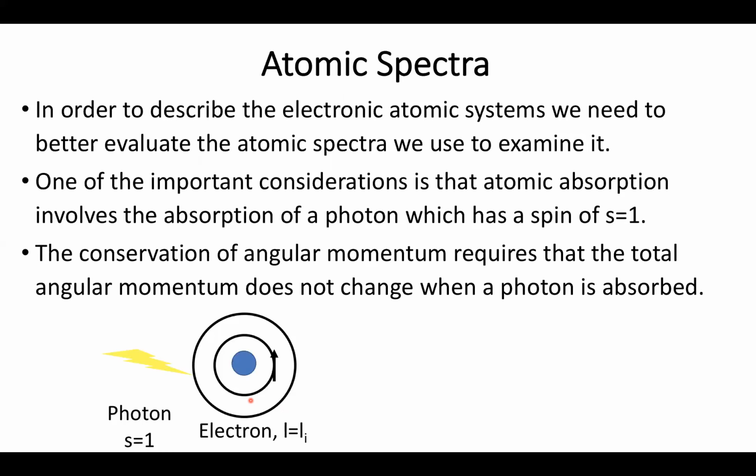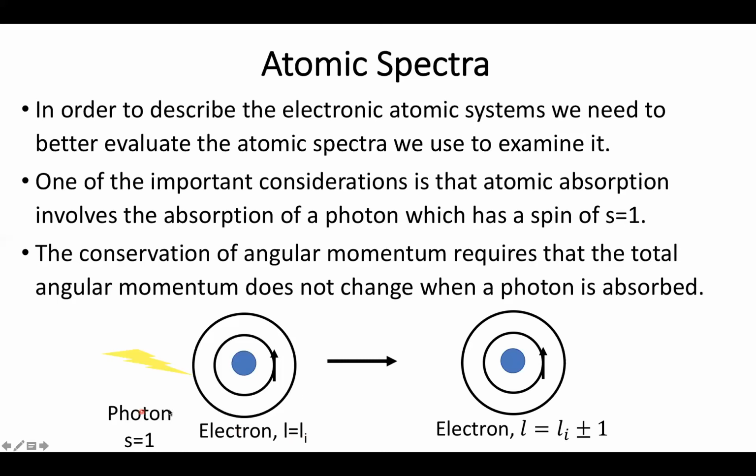So our total angular momentum can't change. So I have an angular momentum of 1 associated with the spin of the photon, and an angular momentum involved with the orbital component, and the angular momentum of the electron itself can't really change.